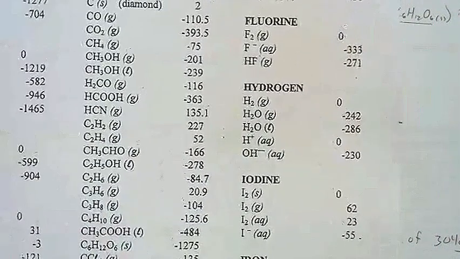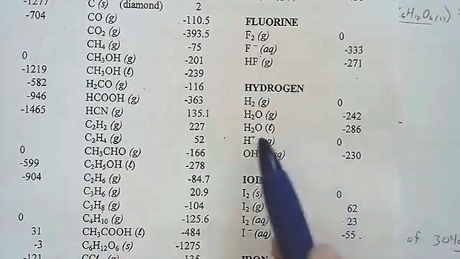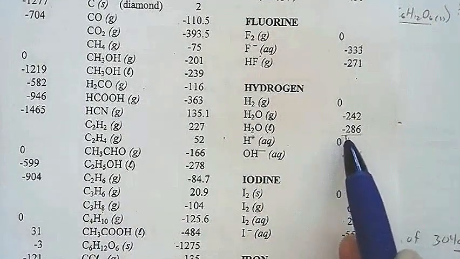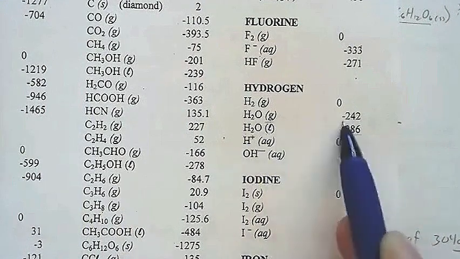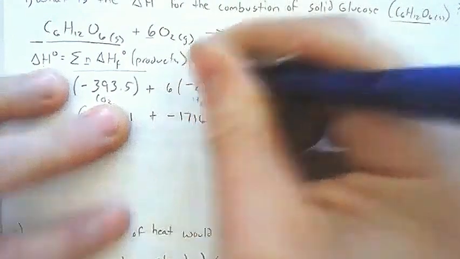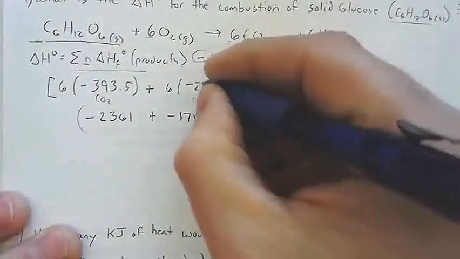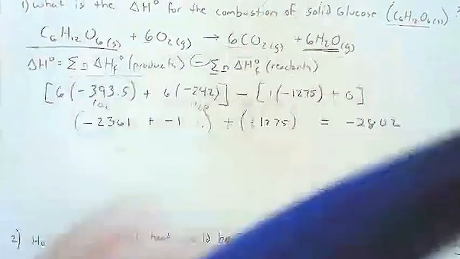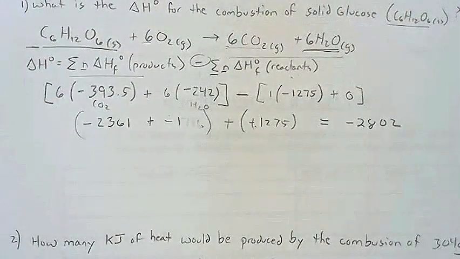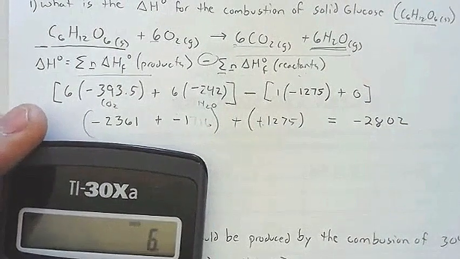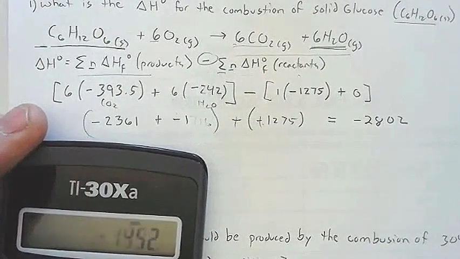Yeah, that's it. If you notice, water, I used the liquid one, and that's 286. But this is gaseous water. It should be 242. So I'm going to go back here. I'm going to change that to 242, which changes this number. All right. And that should be 6 times negative 242.